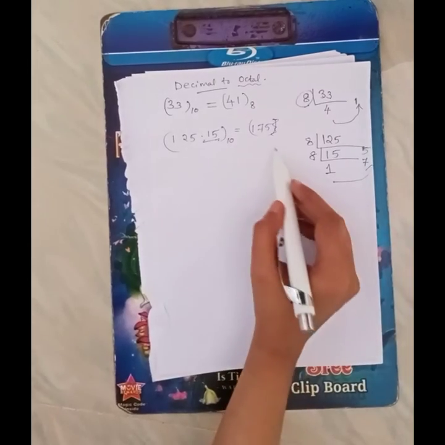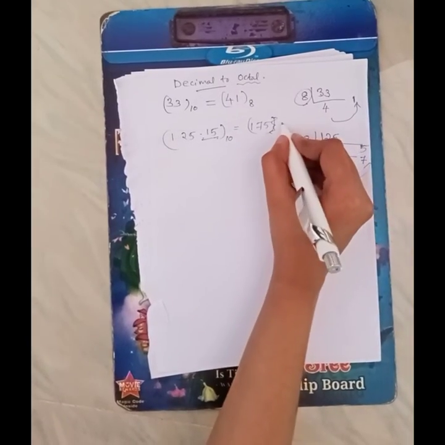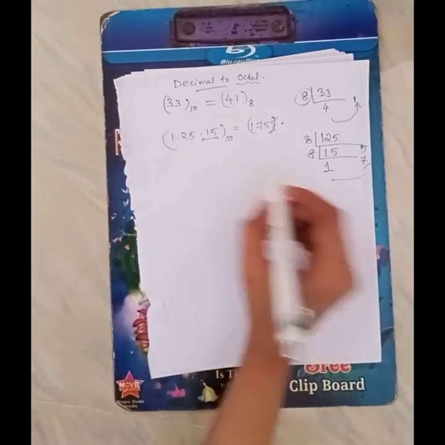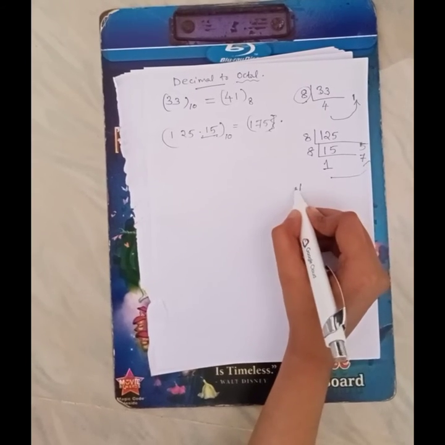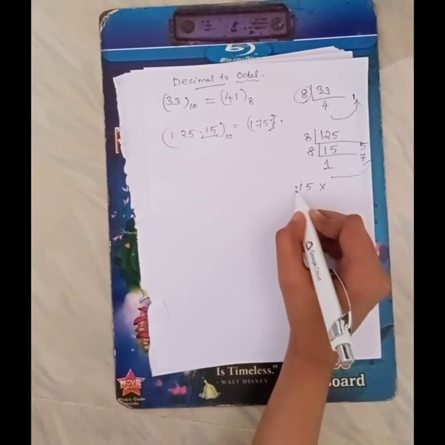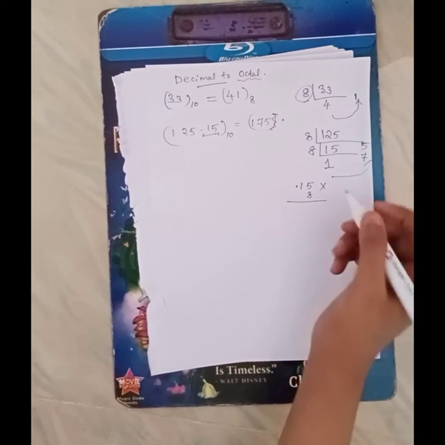So let's check what is the octal value of 0.15. For that we have to multiply 0.15 with 8.